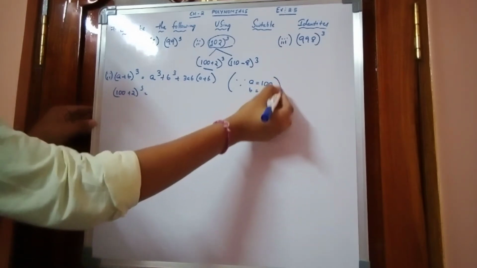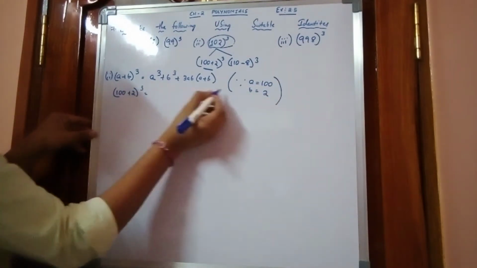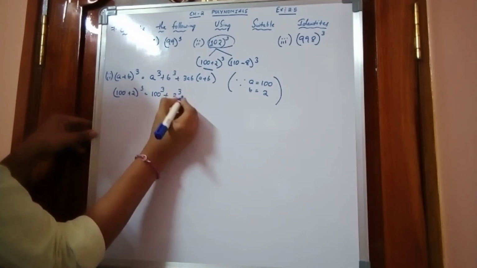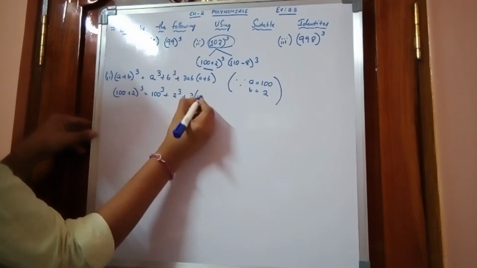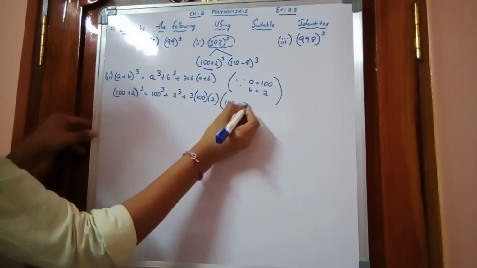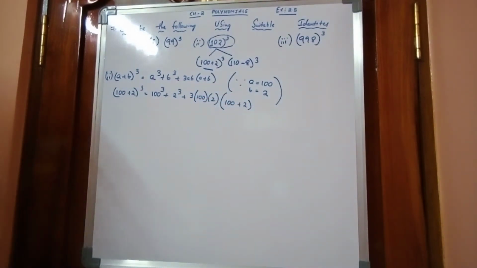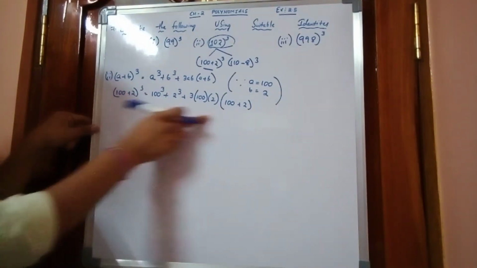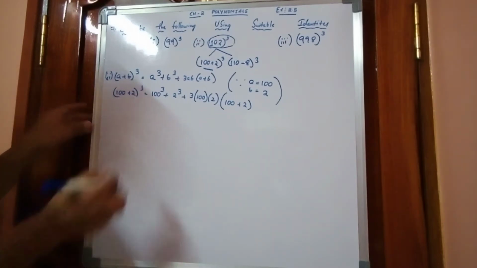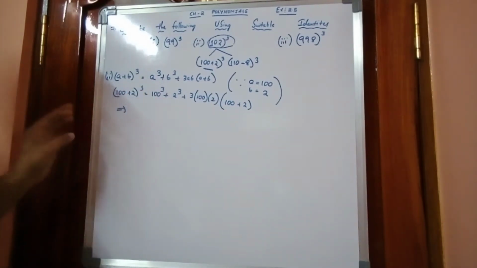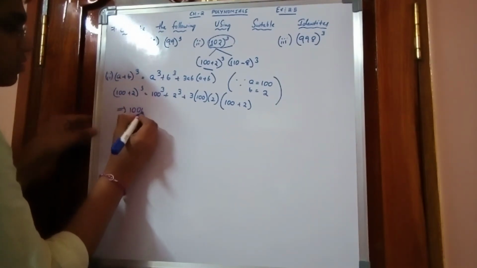So now substituting: 100 cube plus 2 cube plus 3 of 100 of 2 of (100 plus 2). Now I have substituted in this identity. Now multiply this whole term: 1 followed by 3 zeros, so the 3 zeros, we'll get here 10 lakhs.